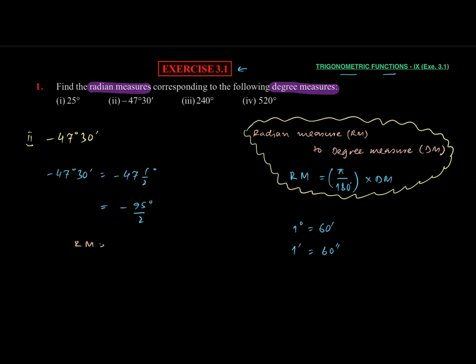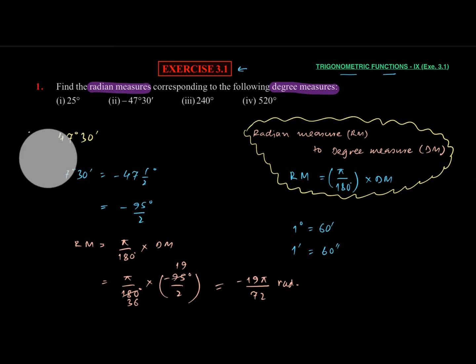Now we already know that radian measure is equal to pi over 180 times degree measure. That will be equal to pi over 180 degrees times negative 95 degrees over 2. This is 5 times 19 and 5 times 36. So in radian measure, we'll have negative 19 times pi over 72.